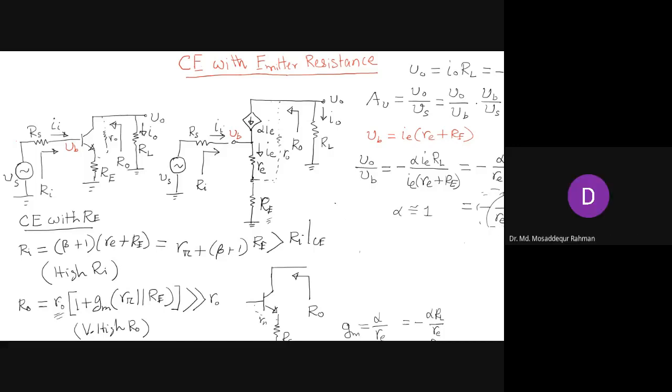So if your capital RE increases, then the gain will decrease. So what's the effect of the RE then? Decreasing the gain. I think so. You're not sure? No, sir. Why?